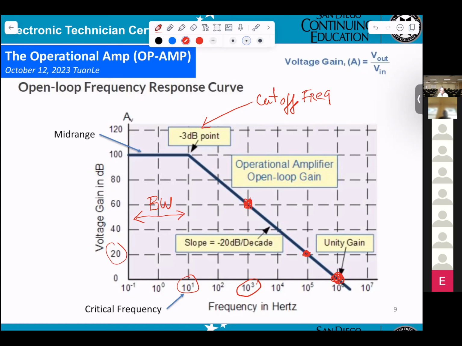That's what they call unity gain. The thing is, I try to make sure you can understand. Before I worked at the university, I could not understand. Okay? So it looks like you are okay to me.